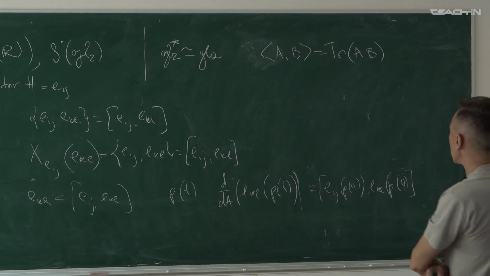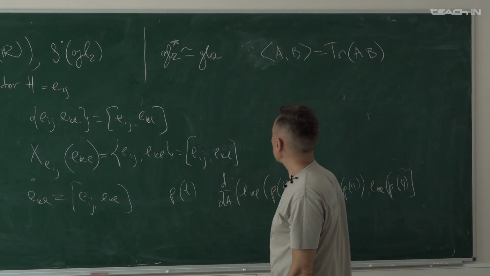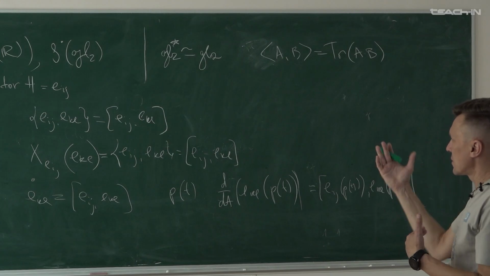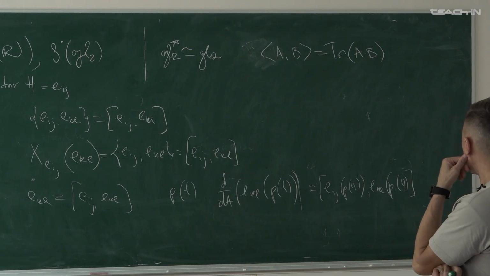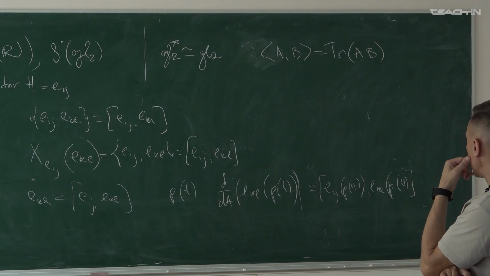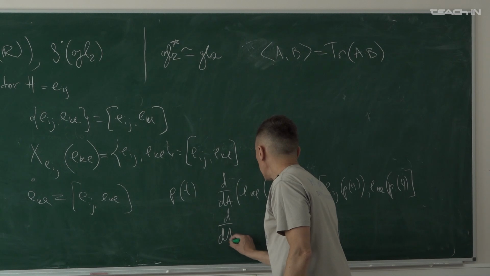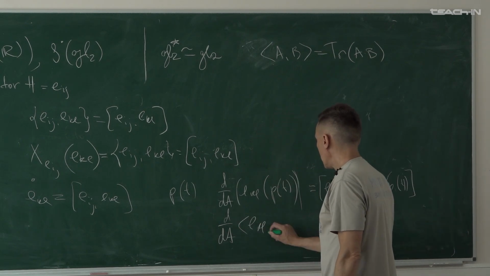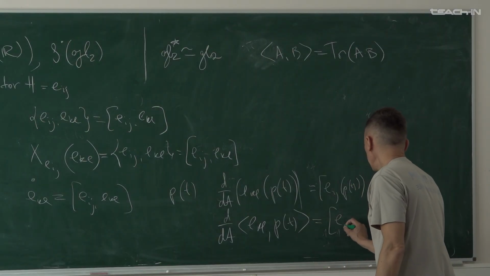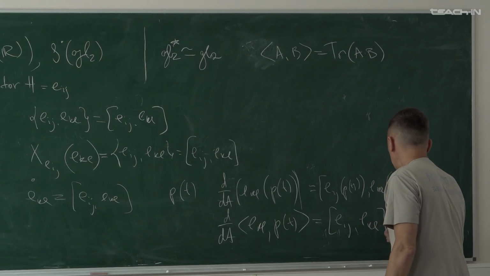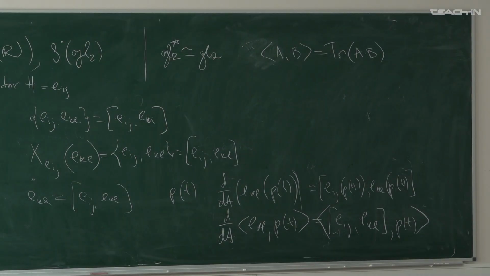And it allows to identify the dual space with the space itself, and to think of the dual space also as a space of 2 by 2 matrices. I'd like to rewrite this E_KL of P of t.